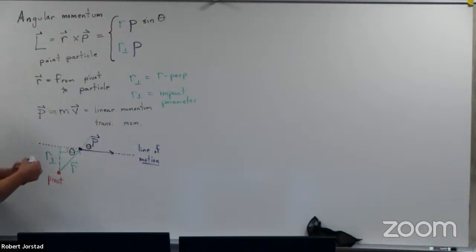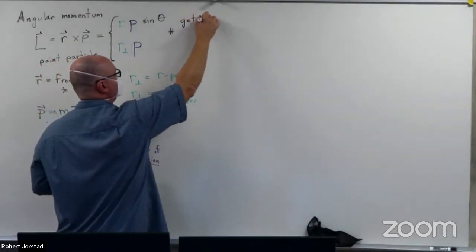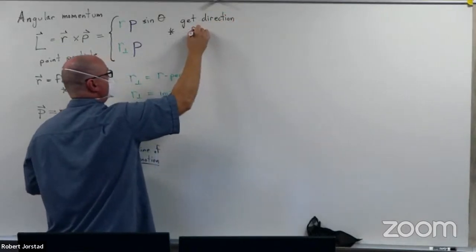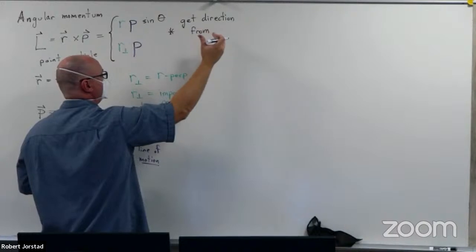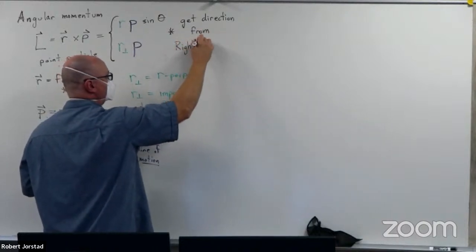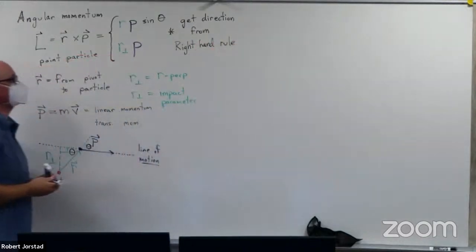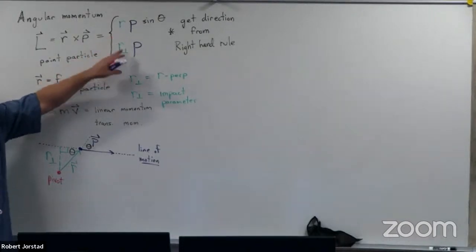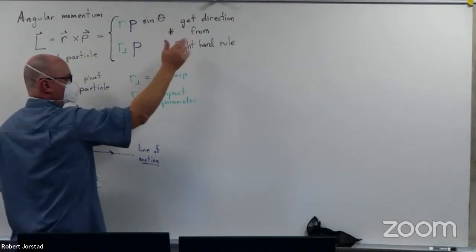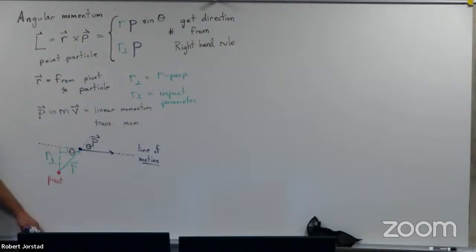How do you get the direction? So strictly speaking, these equations are for the magnitude of angular momentum, and the direction you get from doing this. Is that good?